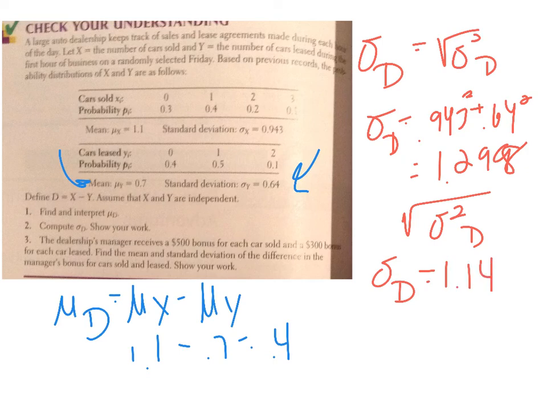And then for part 3, the dealership's manager gives out bonuses again. Find the mean and standard deviation of the difference in the manager's bonuses for cars sold and for cars that are leased.